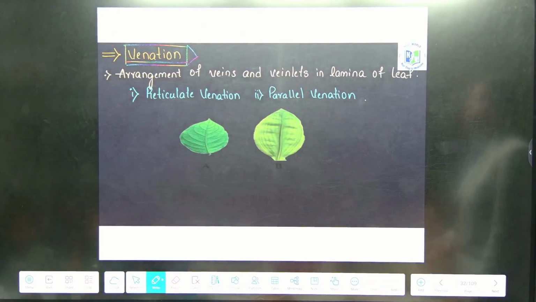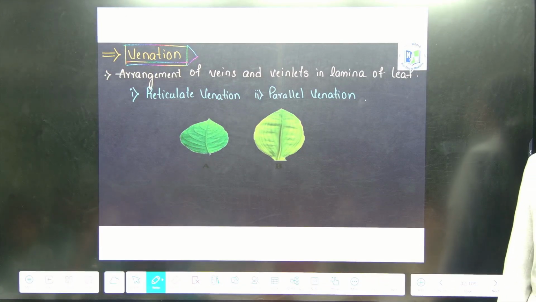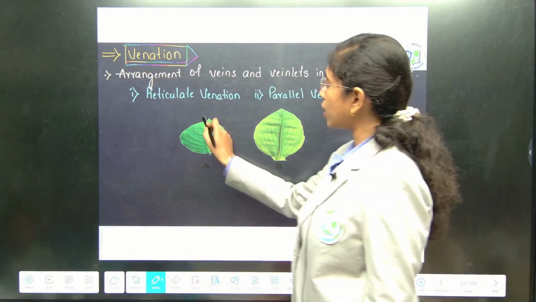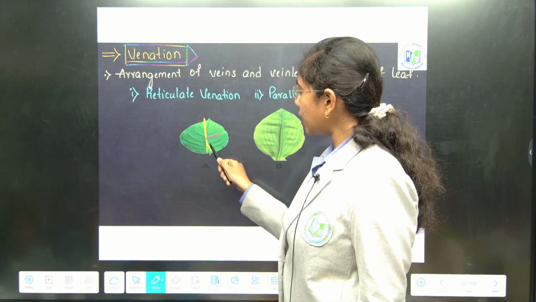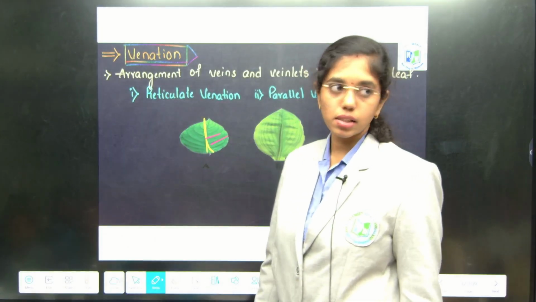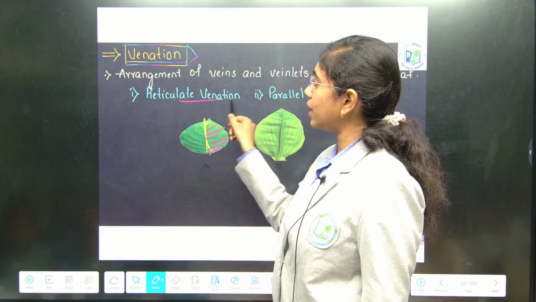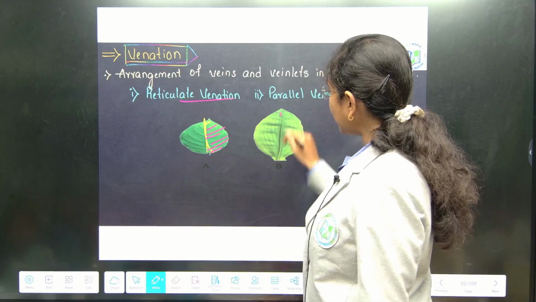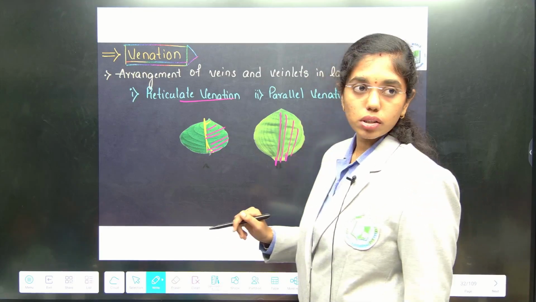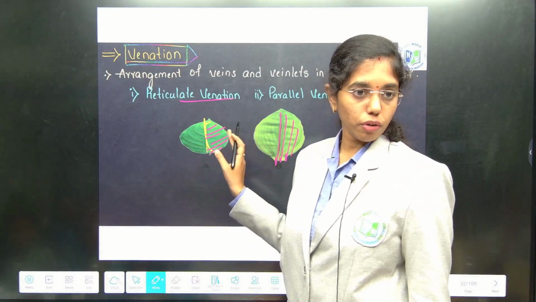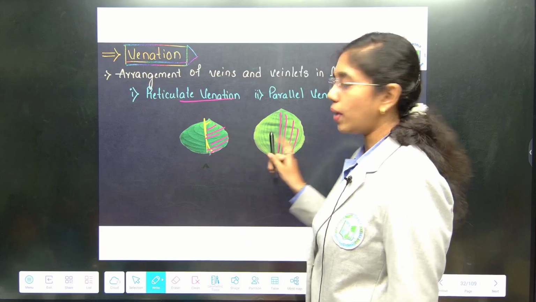Now, venation. Venation means how veins are arranged on the leaf. This main vein is known as what? Midrib, and these are known as veinlets. They are reticulate, meaning network-like arrangement, which you can see in dicots. Parallelly they are arranged in monocots. Amongst these two types of venations, tell me which is more advanced?